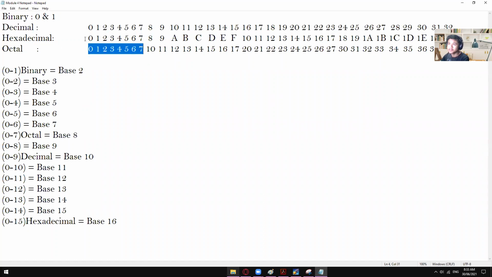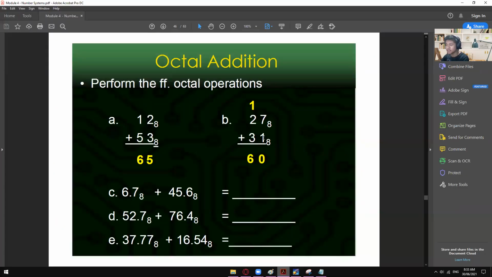So 0 to 7 is the same for octal and decimal, but once you reach 8, it's already 10. That is why in here, 7 plus 1 is 8, but you have to write 10 here, since we don't have 8 in octal. And then of course 1 plus 2 plus 3 is 6. So that's the reason why we have a result of 60, not 58.